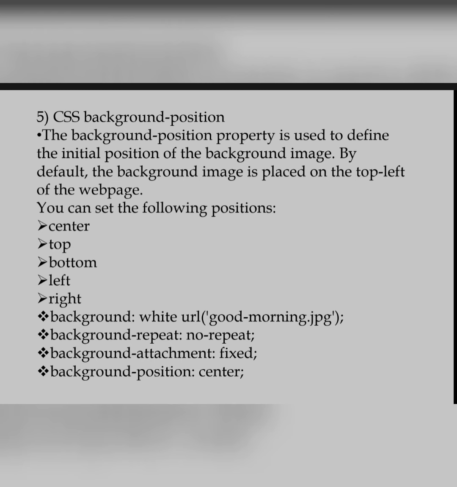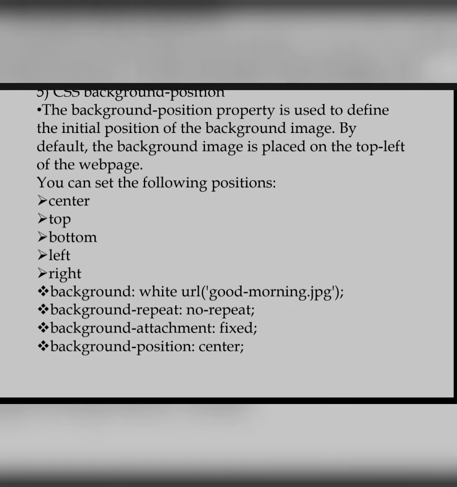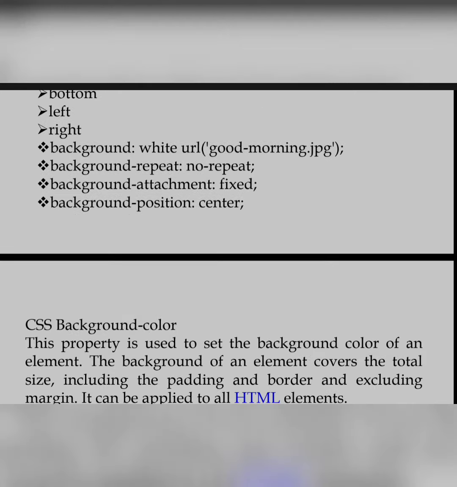The background-position property is used to define the initial position of the background image. By default, the background image is placed at the top left. You can set the following positions: center, top, bottom, left, right. Background URL, that means we are going to set the image from a JPG file. Next, repeat, no-repeat, attachment, and position center.